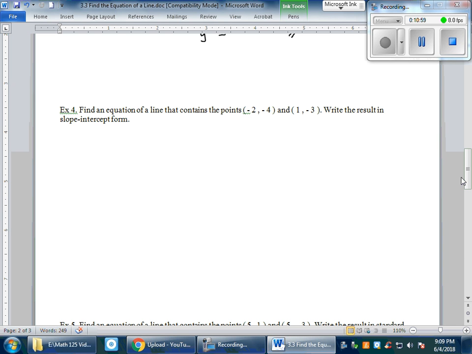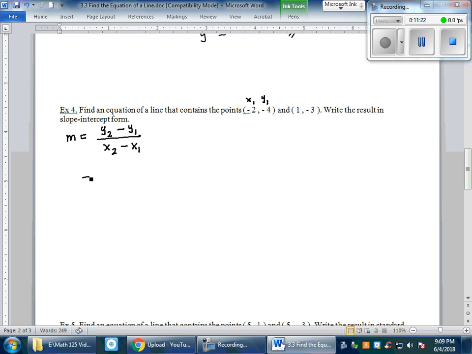So the formula for the slope will be m equal to y sub 2 minus y sub 1 over x sub 2 minus x sub 1. I can choose either one to be my x sub 1 and y sub 1. So as usual, I will choose the first one to be x sub 1 and y sub 1.